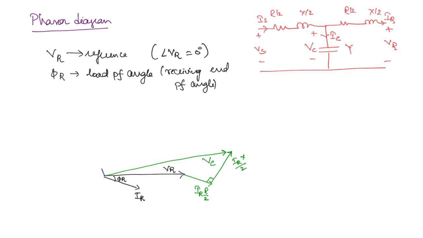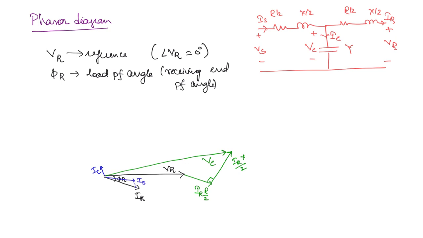So here you can draw IC. What happens next is we need to find IS as the phasor sum of IR and IC. So you can in fact draw IC here, so that IS you will get something like this.